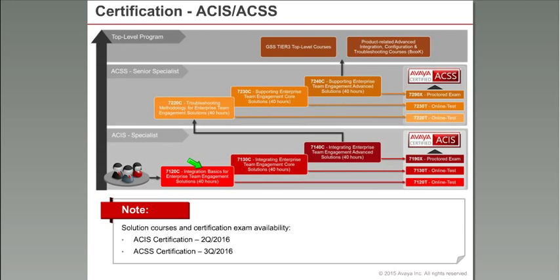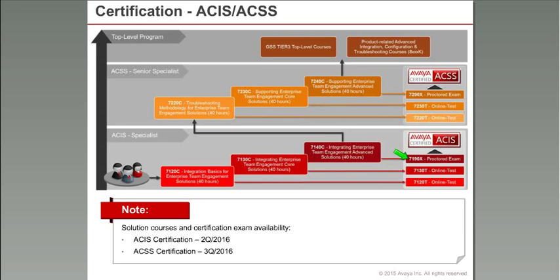We then have integrating enterprise team engagement core, and finally there's the advanced solution, integrating advanced solution. There's 2 online tests followed by a proctored exam. So you go to Pearson VUE to take that proctored exam.